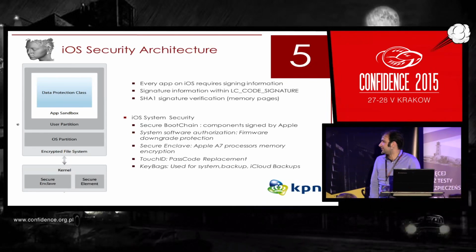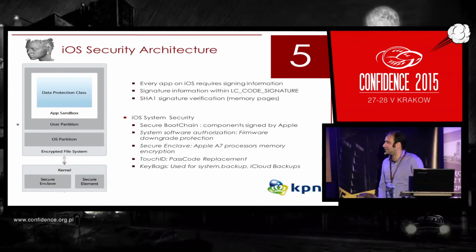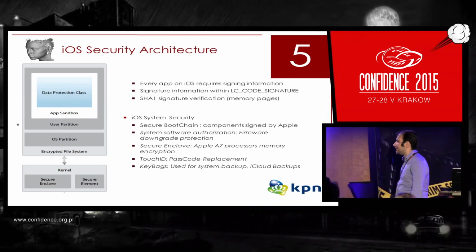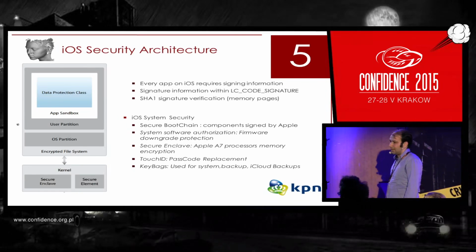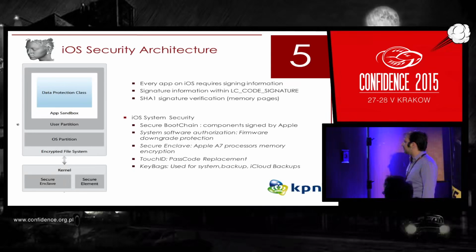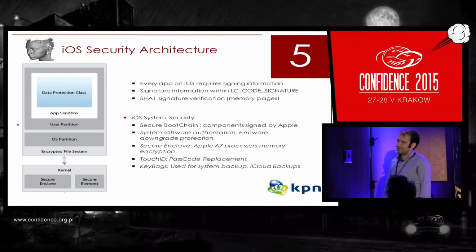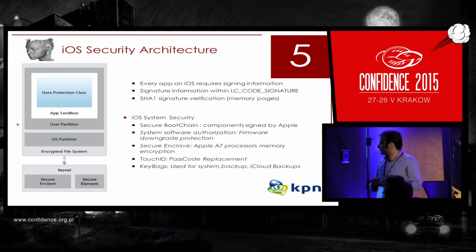The major component of iOS security is provided by the Secure Enclave. Secure Enclave was introduced in iOS devices with the Apple A7 processor and later. Secure Enclave is simply a coprocessor which consists of encrypted memory and a hardware random number generator.